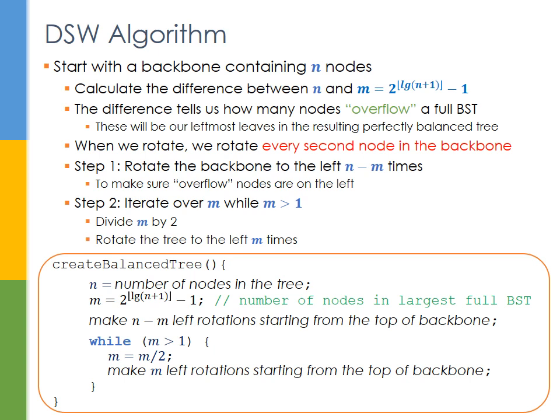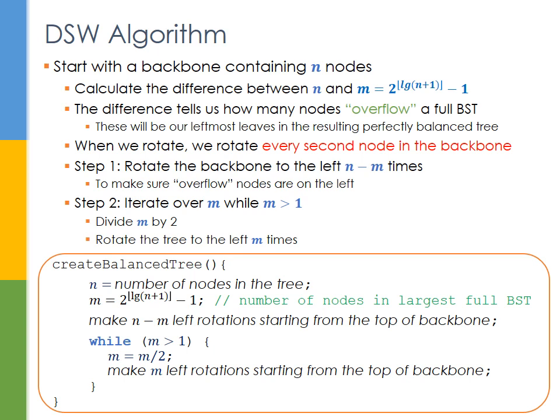So here we have the procedure represented in pseudocode. Our algorithm is called create balanced tree, and we are of course assuming that we have created a backbone prior to this. So we need the value n, which is the number of nodes in the backbone. We have to compute m, which is the number of nodes in the largest full binary search tree that we can construct given our n value.